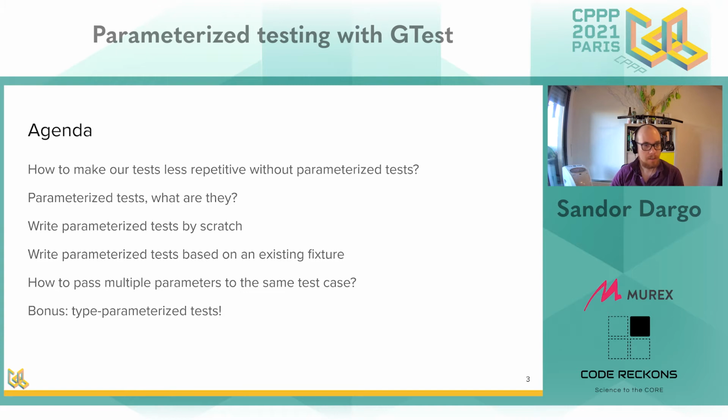We'll see both. And then we'll see if we have multiple parameters for the same test case, how to deal with that. And if we have time at the end of this half hour, we'll even see how to parameterize the types that we test.